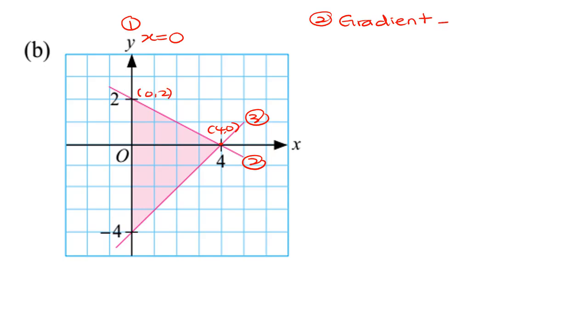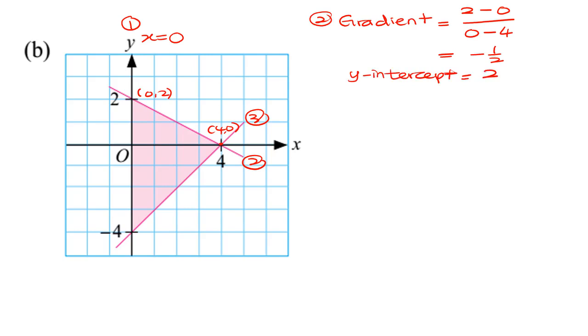So y2 minus y1 over x2 minus x1. The gradient is negative 1 over 2, and the y-intercept is 2.